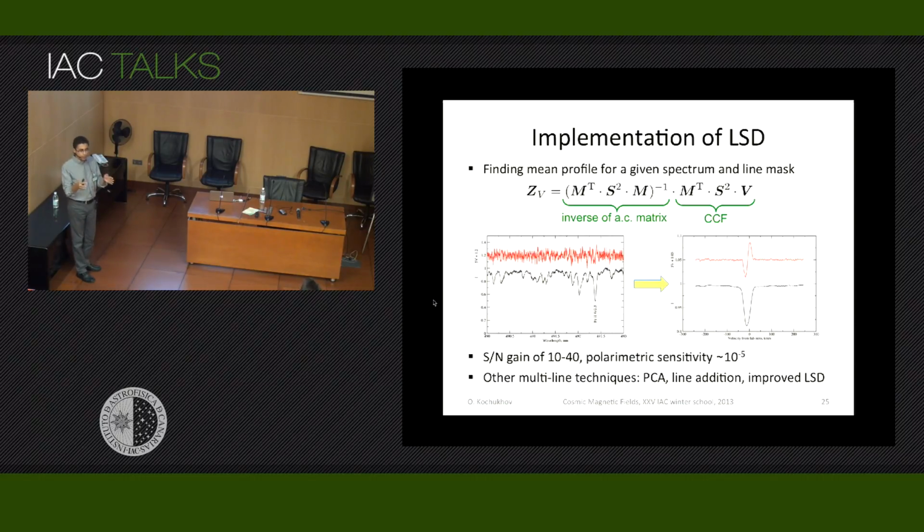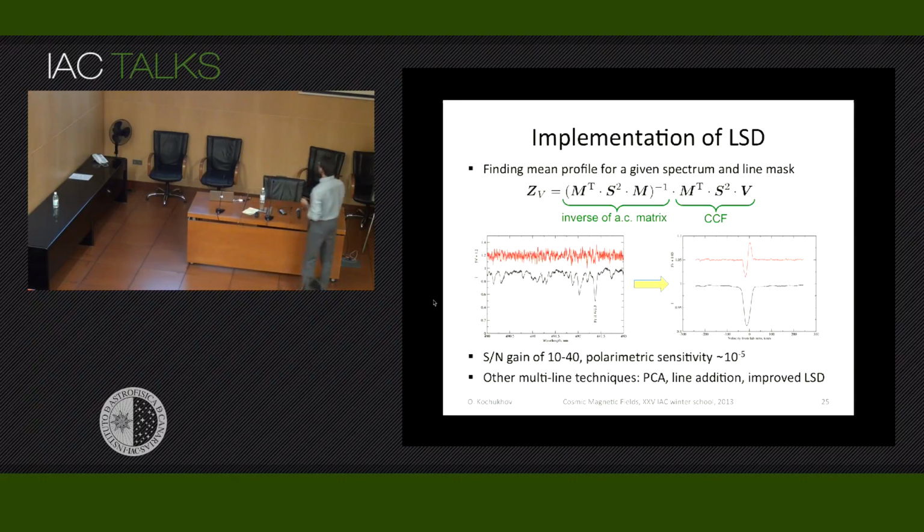Knowing M, this line pattern matrix, which just contains atomic data, and having observations and the error bars of observations, we want to get these mean Stokes signatures. And this is very easy to accomplish because this problem is actually a linear least squares problem. And for a linear least squares problem, we can write down the explicit solution in this form of matrix inversion. So actually, what we have here is the cross correlation function, and here is the inverse of the autocorrelation function.